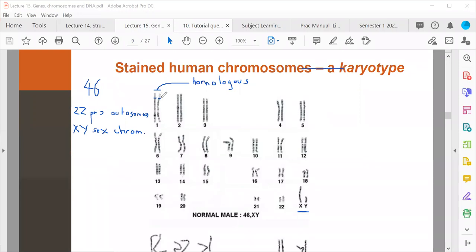Both genes control eye colour, but this one might be for brown eyes and this one might be for blue eyes. So now you can understand why you've got the same type of gene, but they may be a little bit different from each other. That's basically what we mean by homologous chromosomes.